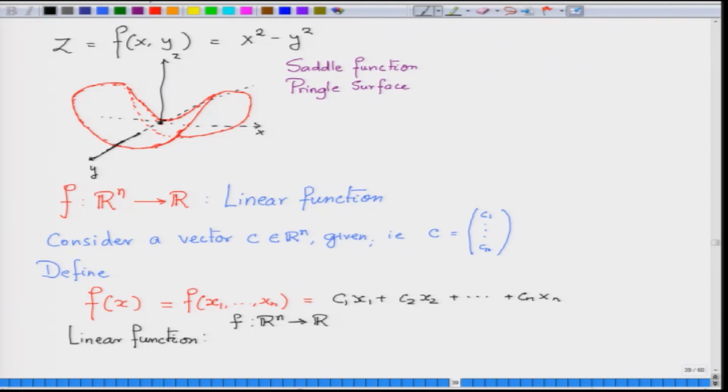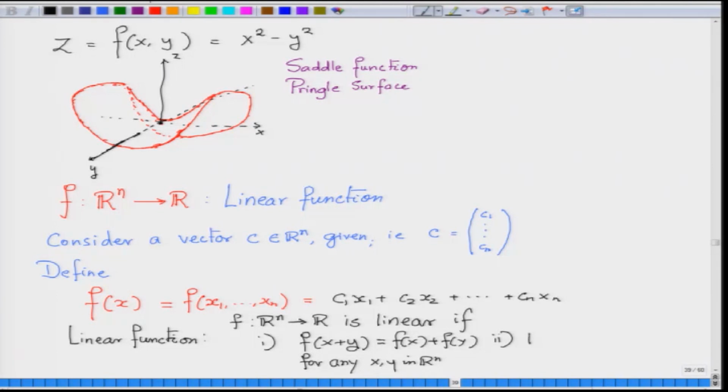But here, for a scalar function, f is linear if, number 1, it is additive: f of x plus y is f of x plus f of y for any x, y; and number 2, for any scalar, meaning any real number alpha in the real line, f of alpha x is alpha times f of x. This property is called homogeneity, and the first property is called additivity.